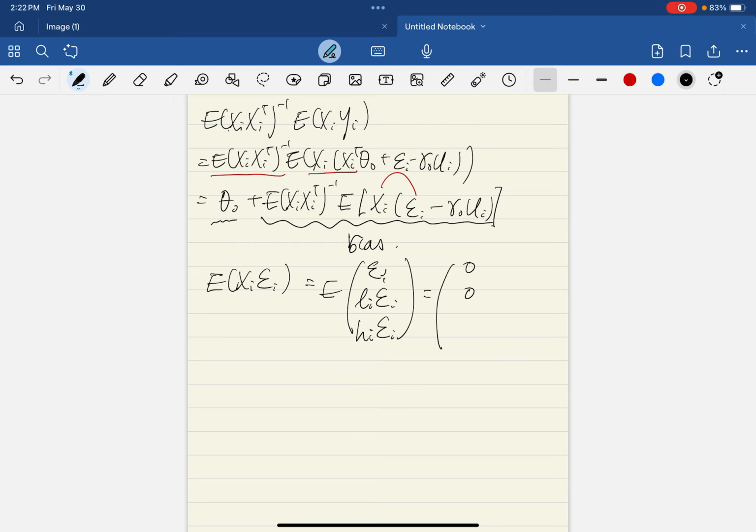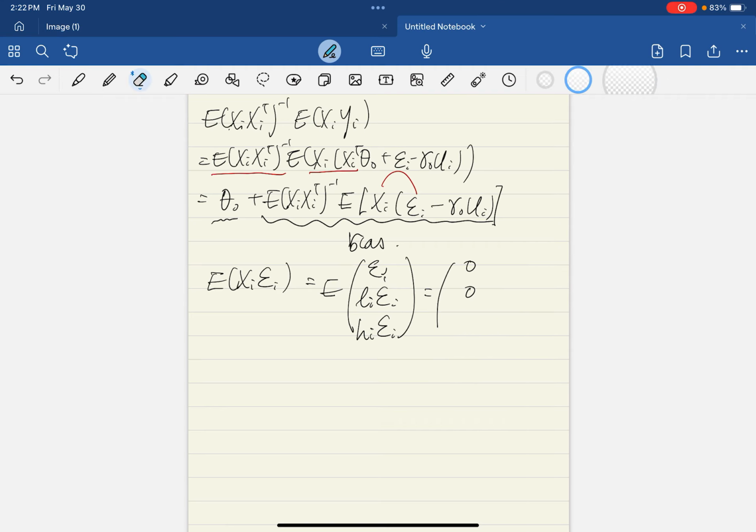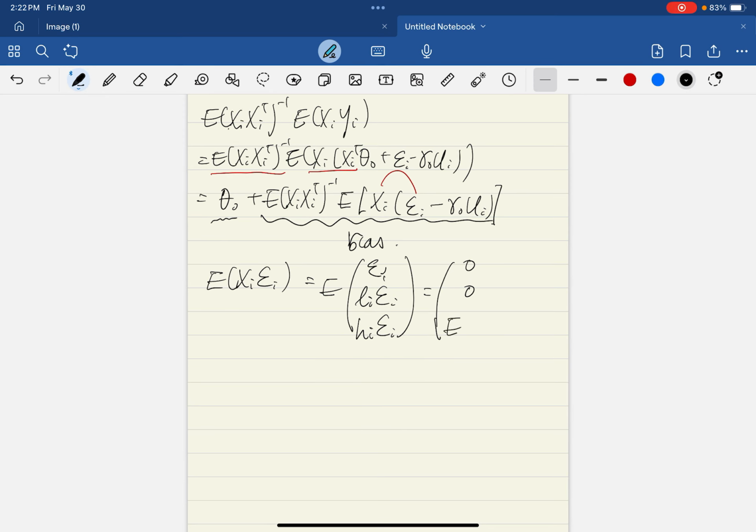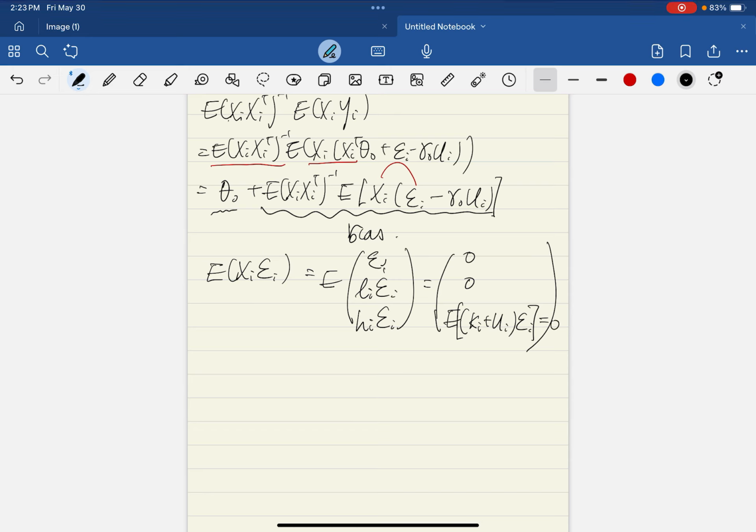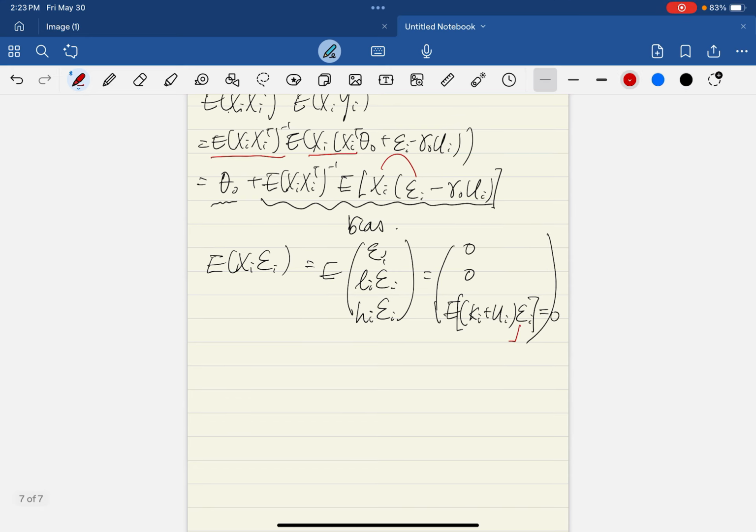And the final term is h_i epsilon_i, which you can rewrite as the expectation of k_i plus u_i times epsilon. That is also 0, right? Because we assumed epsilon is uncorrelated with all the inputs, and also the measurement error has nothing to do with the total factor productivity, epsilon. So it is 0. So this term does not matter.